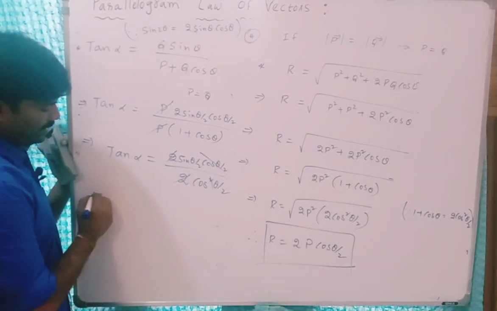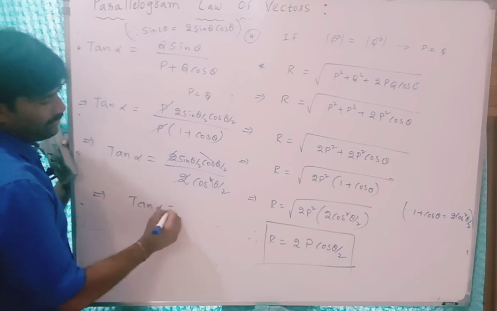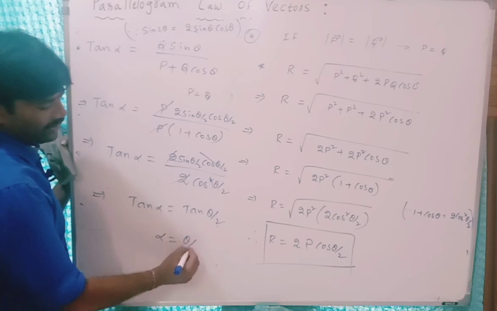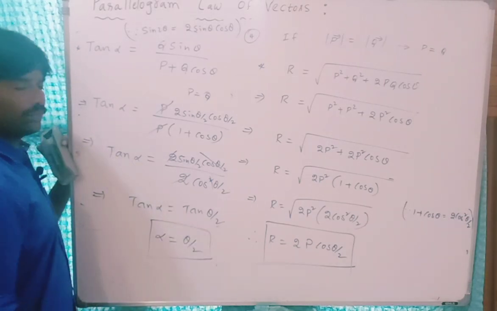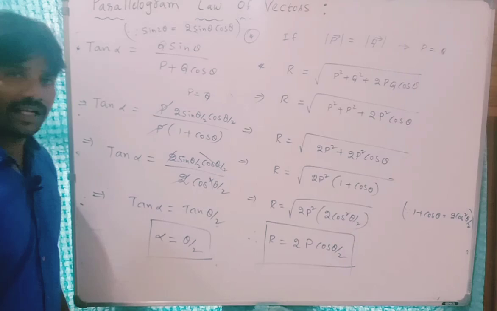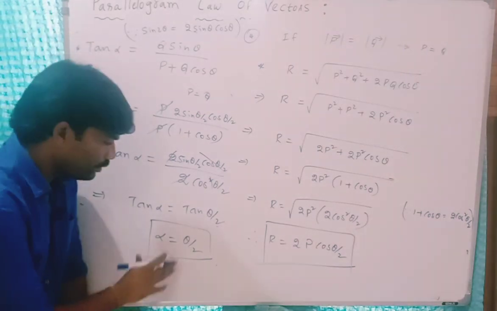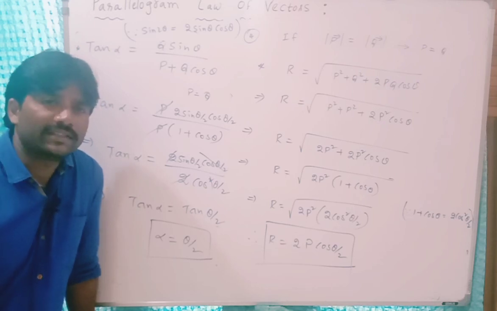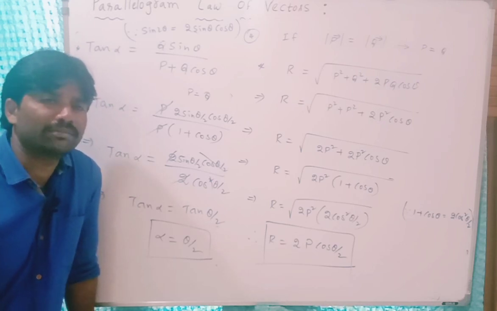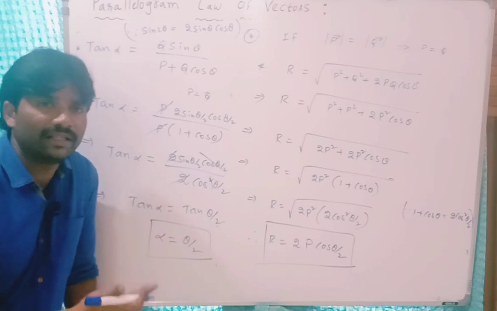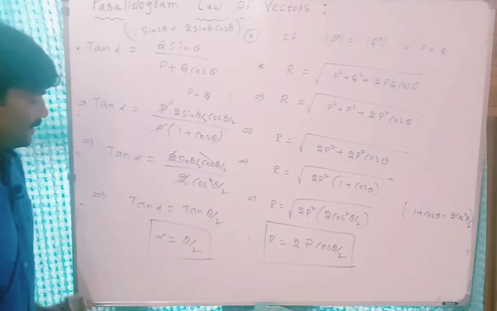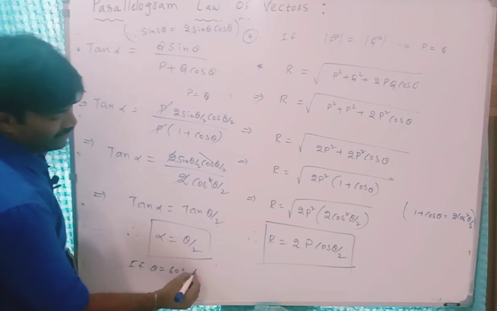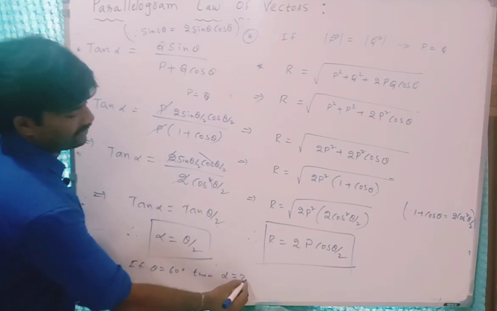Therefore tan alpha is equal to tan theta by 2. So alpha is equal to theta by 2. What is theta? The angle between the two vectors. If the angle between two vectors is 60, then alpha is 30. It means the resultant of two vectors with the same magnitude lies exactly in the middle. Clear?